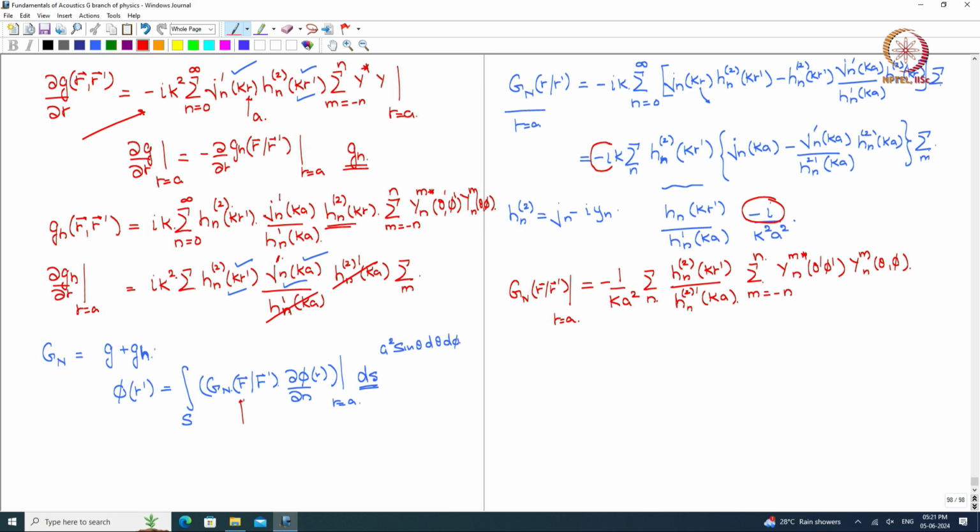Okay, so that's the exterior Neumann green function.